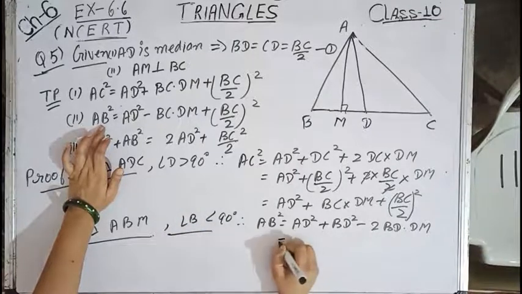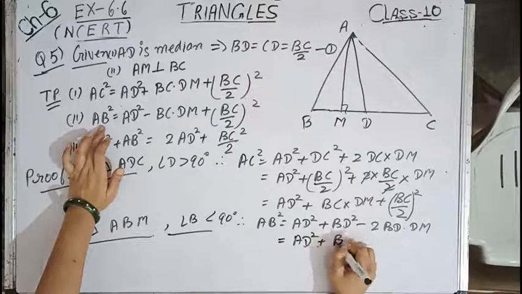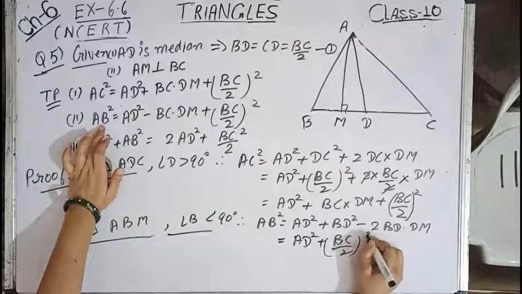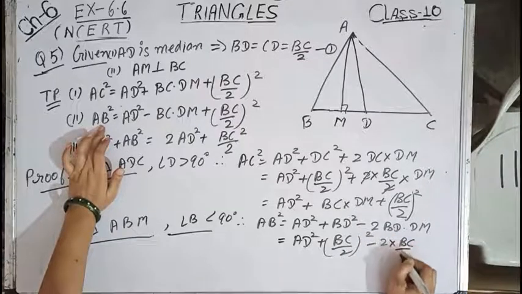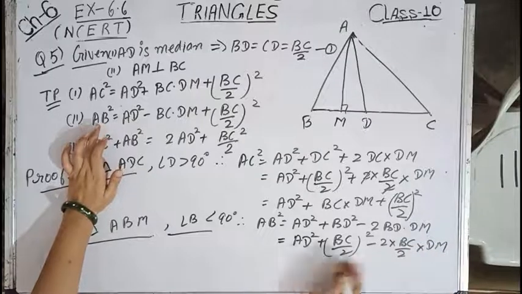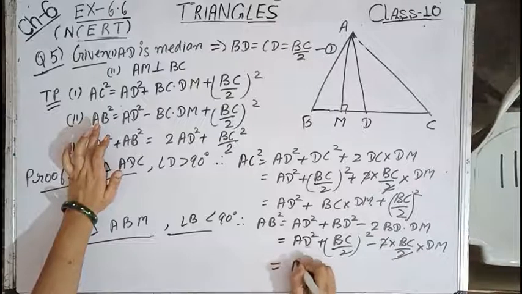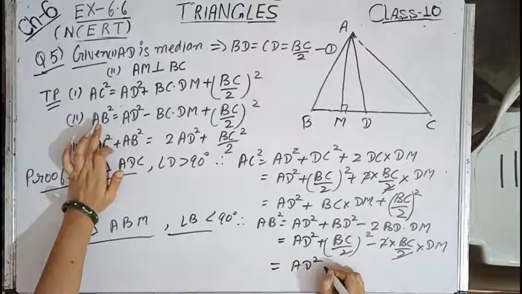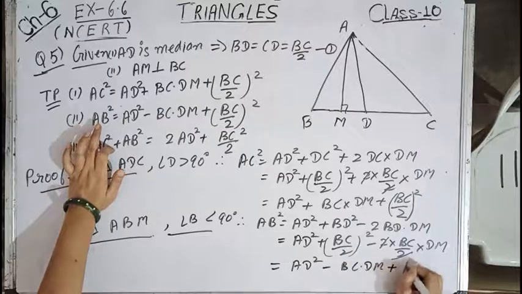Now AD square we need, BD we don't need, so we can write BD as BC by 2, minus twice into BC by 2 into DM. So we got the relation AD square minus BC into DM plus (BC by 2) whole square.